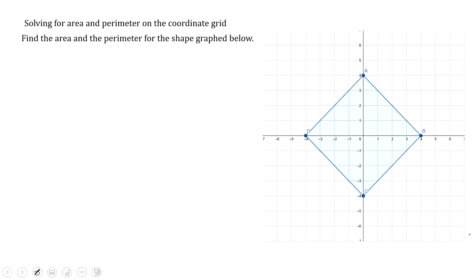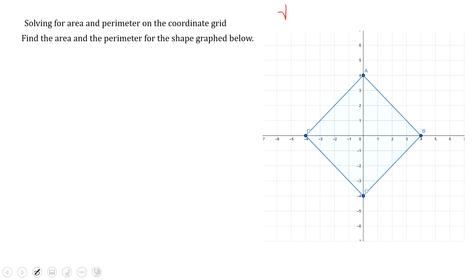Solving for perimeter on a coordinate grid. Here you're going to have to use the distance formula, which we learned last unit. Hopefully you remember it. Figure out the perimeter and the area of that shape. If you don't remember the distance formula, I'll tell you the shape's a square, so we only have to figure out the distance once.